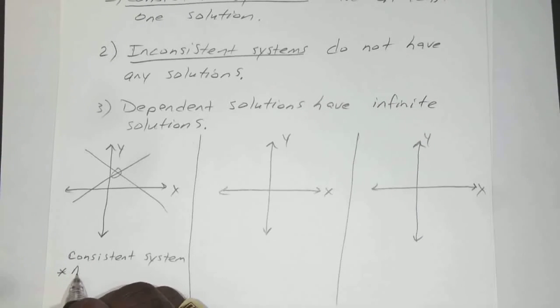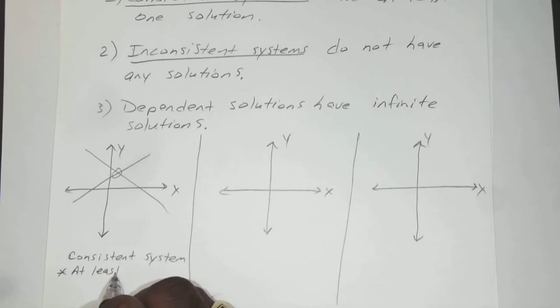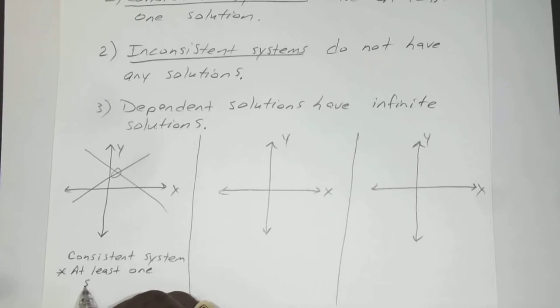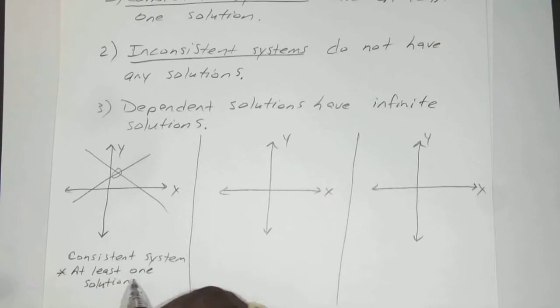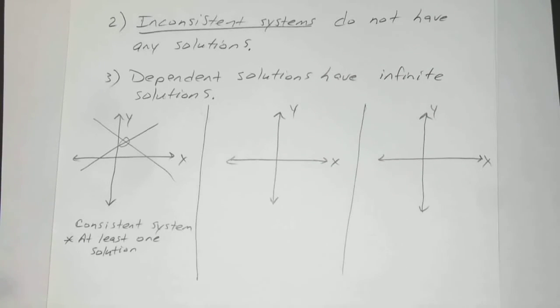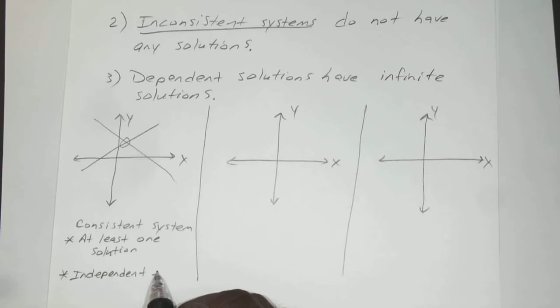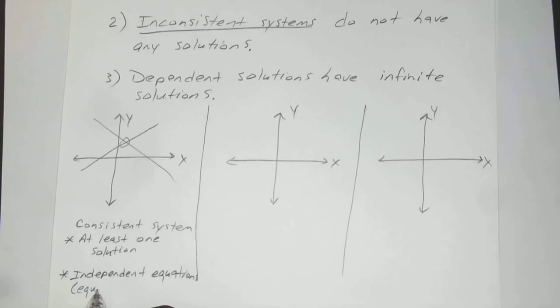So we know we have at least one solution. And you have two different equations, so they're called independent equations, or just different. Equations are different.